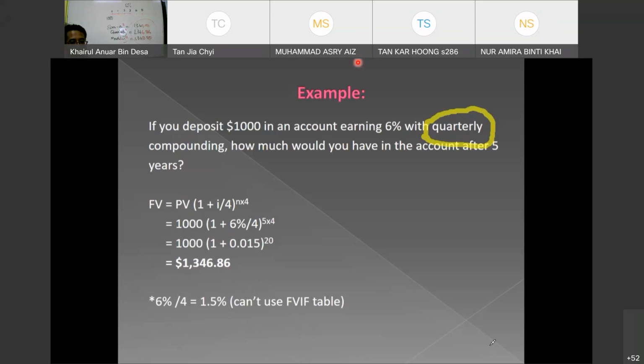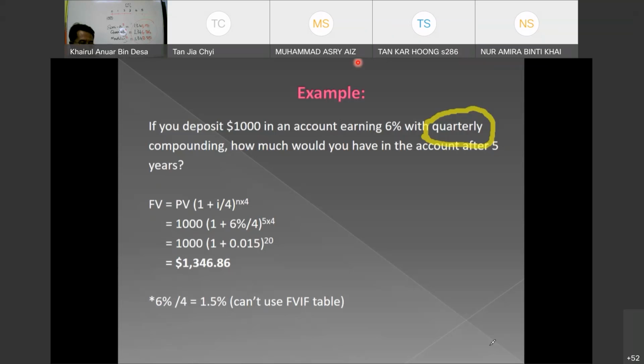Okay. Yang bawah sekali adalah 1348.85. Semakin kerap you compoundkan dia, maka nilainya akan menjadi lebih tinggi. You got it? That is the conclusion.